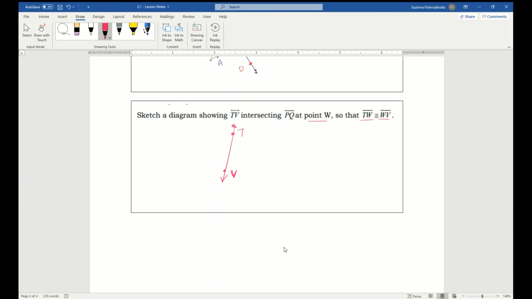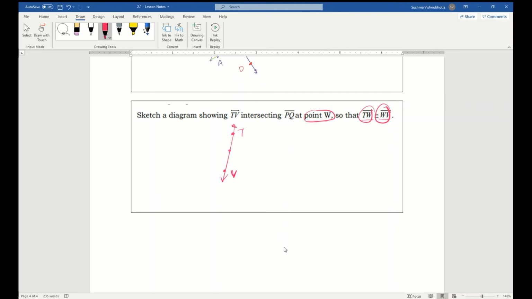And there's another line PQ that's intersecting TV, or the lines are crossing at point W. But I can't put point W anywhere on this because I need to put point W exactly in the middle, because I need TW and WV to be congruent.